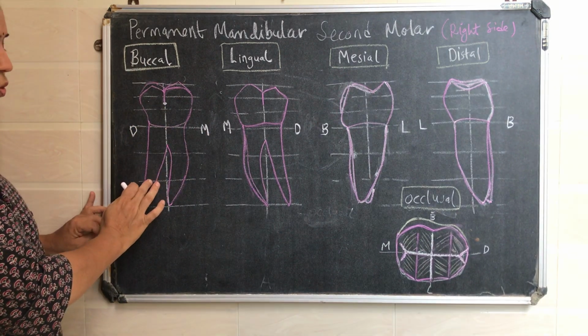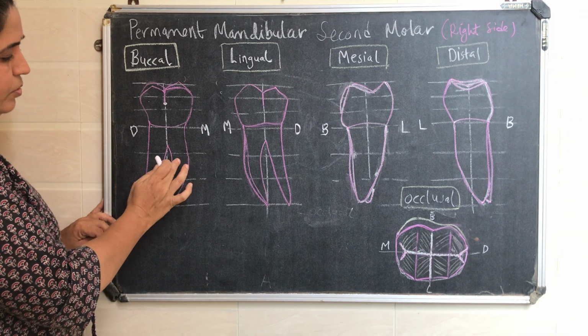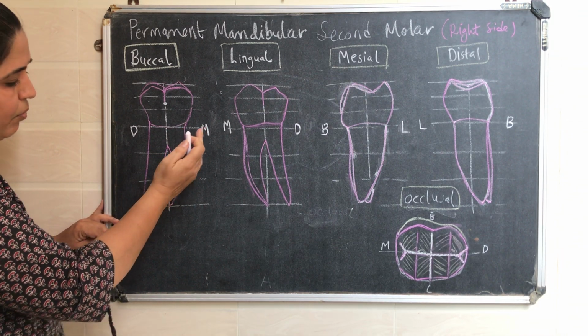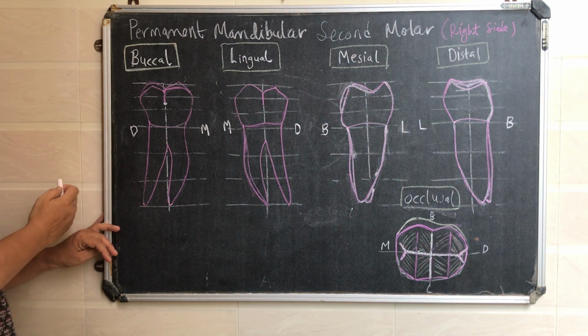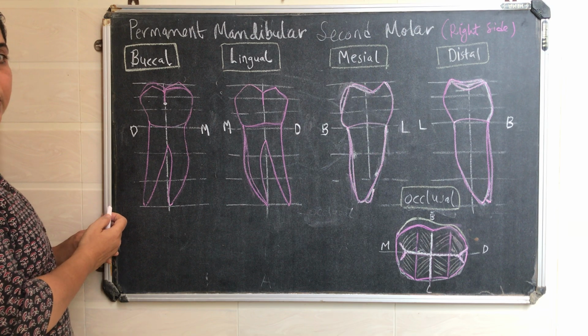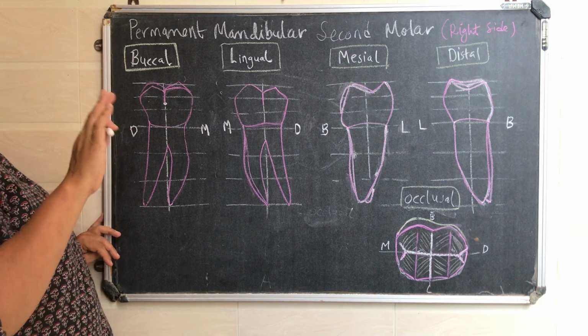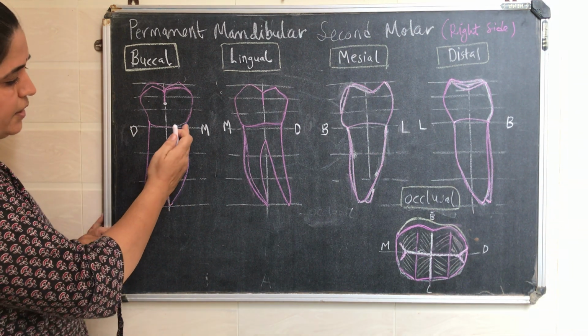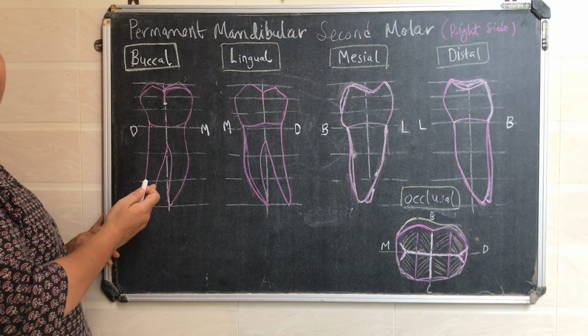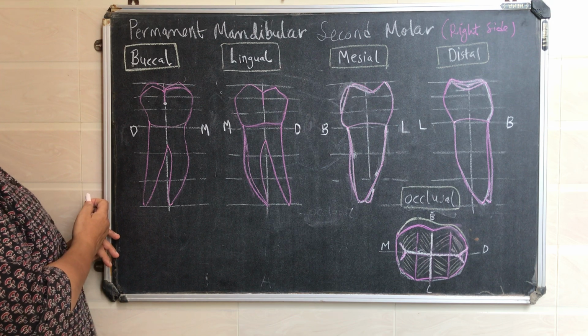You can see two roots, mesial root, distal root, but these two roots are more distally inclined. The distal inclination of the roots is more as compared to first molar. These two roots, mesial root and the distal root, they are more distally inclined.